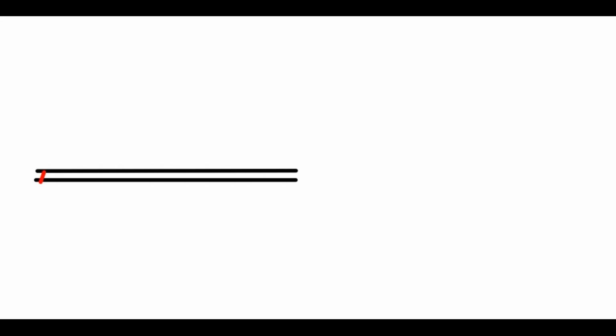So we say this is our bridge. Then we'll draw the towers. There are just two towers that we are going to take into consideration. So let's say we have one right here.